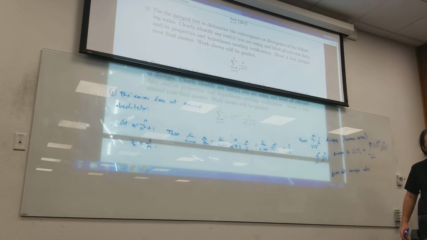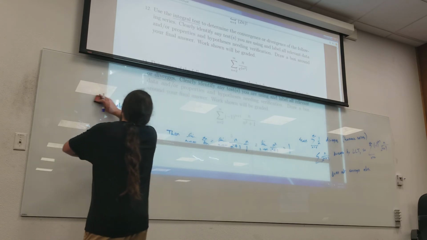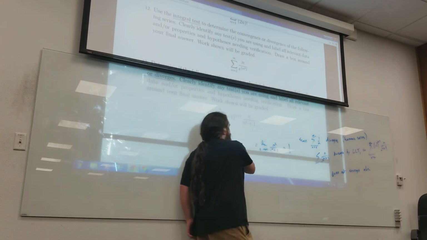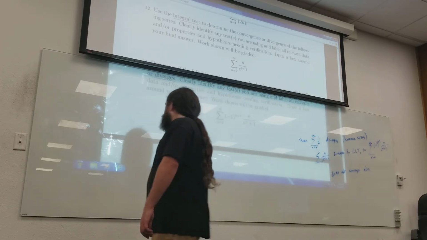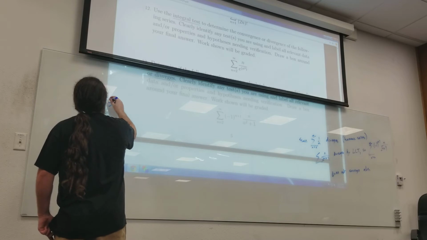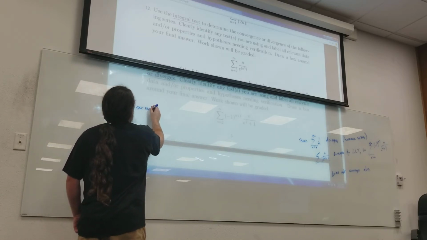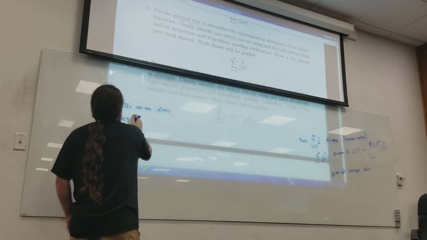Now, we've shown that it doesn't converge absolutely. We'd like to show that it does converge conditionally, right? What test is used for that? Gotta be the alternating series test. All right, so part 2, the series does converge conditionally.